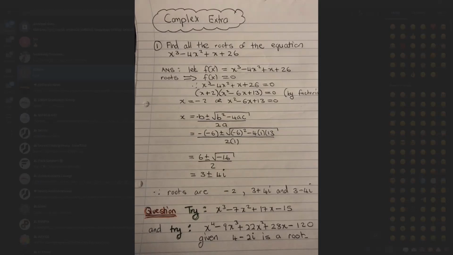Let me just write it down here: x cubed plus 22x squared plus 28x minus 120. Oh, why did I choose the long one? I think I gave you a very long one.